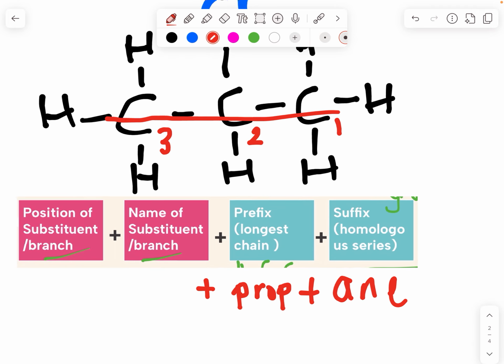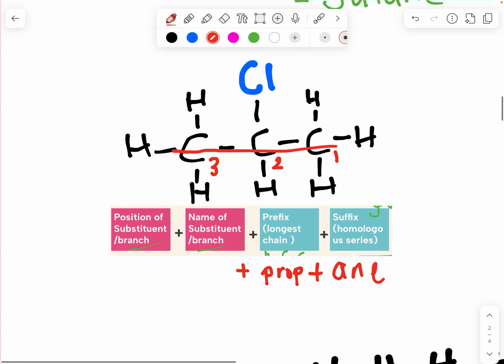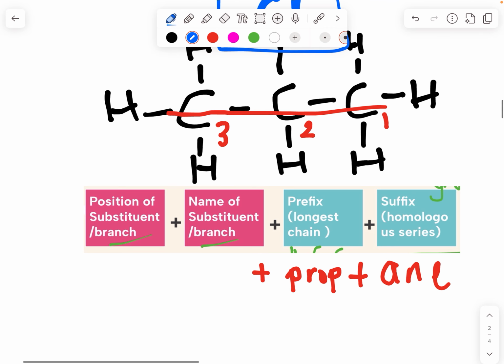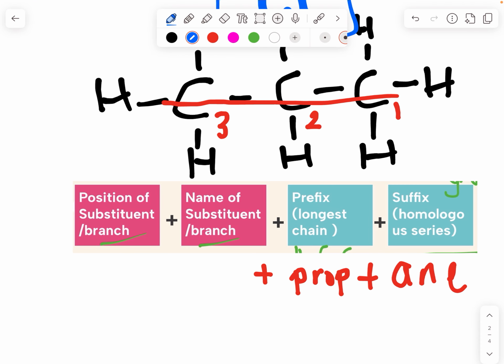We do have a substituent actually, and I used the blue just as a little highlight. Our substituent in this case is Cl. This is our substituent right here. How do we name the Cl group? Do you remember? In this one it's going to be chloro.